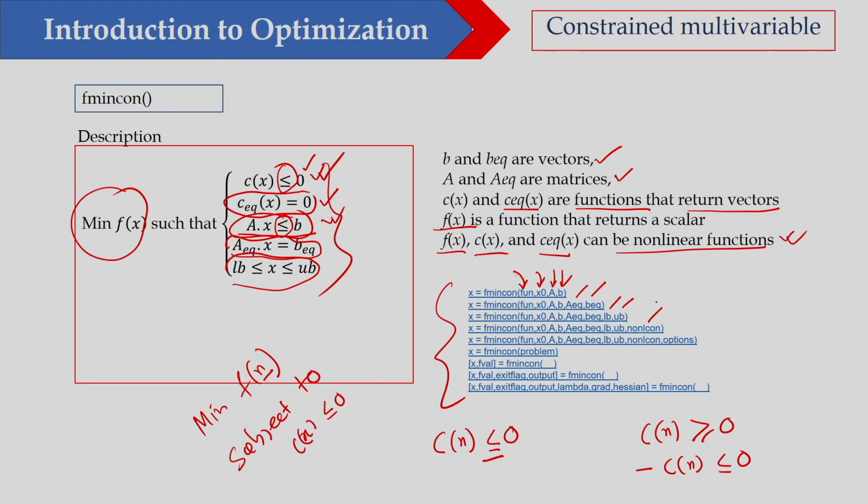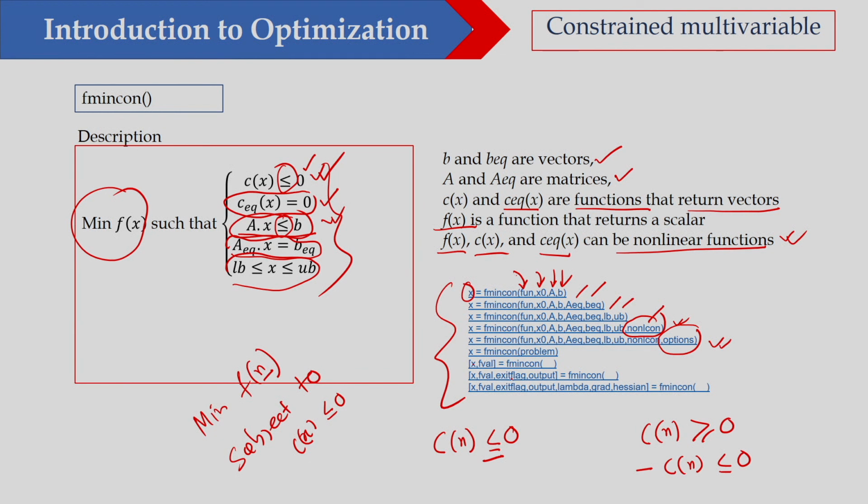If you have non-linear inequality and equality constraints, then you have to write a non-linear constraint function, and if you want to put in options, you can put in the options. If you write x, the optimal solution will be returned, and if you write x and fval, then the optimal function value will also be returned.